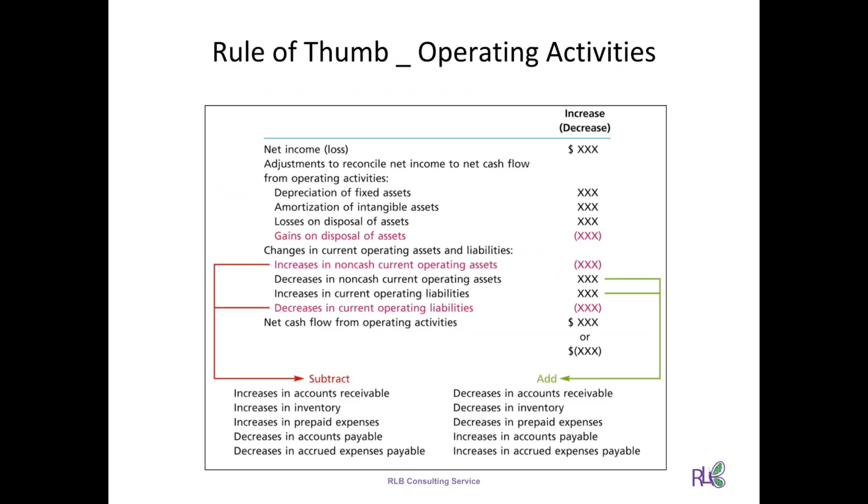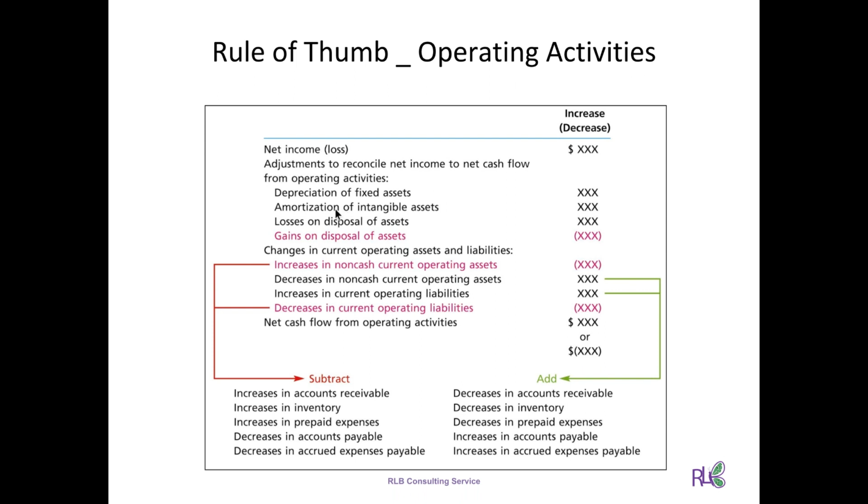So here's your rule of thumb, and your book gives you this example. And this is only related to operating activity because, again, it is the one that has many steps in it. So you start with net income or loss, and then you adjust. You're starting with depreciation, you add it back. Why? Because depreciation was non-cash.